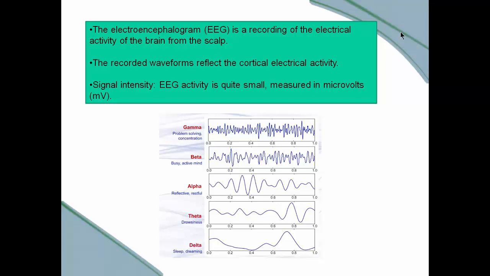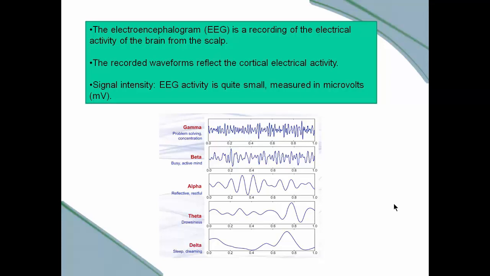Gamma being the highest frequency, those are the things that go up to 200 hertz. There are now five ranges for EEG: delta, theta, alpha, beta, gamma. Gamma being the highest range, which starts maybe around 30 or 40.